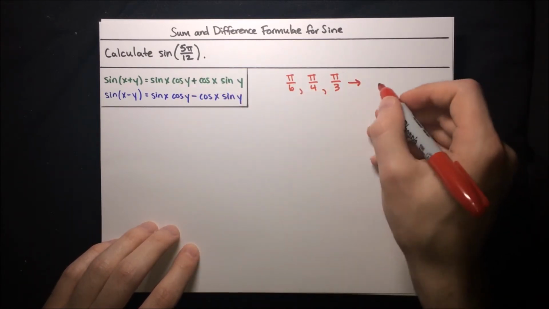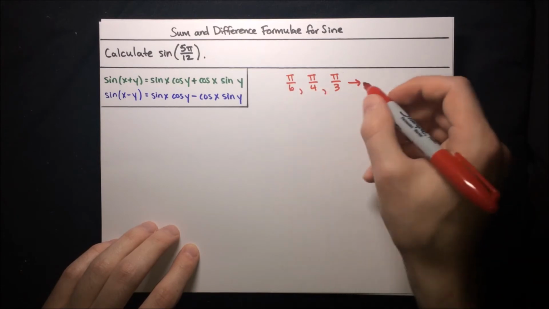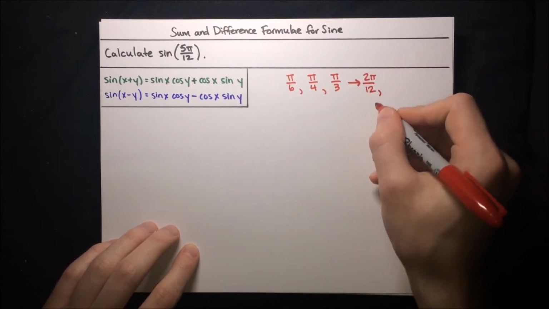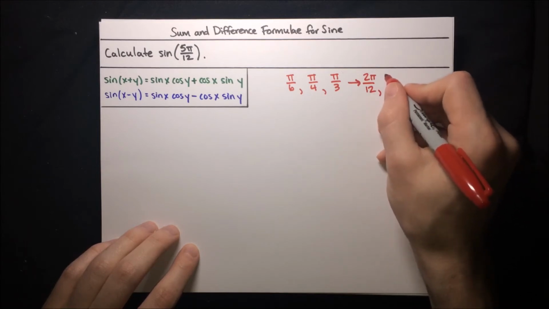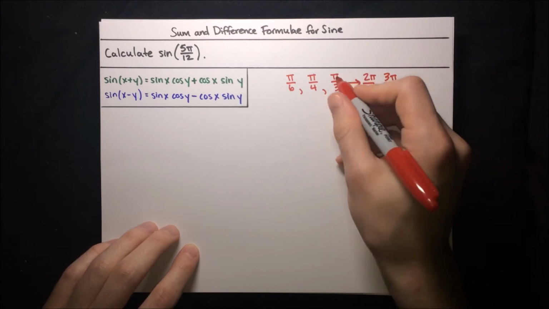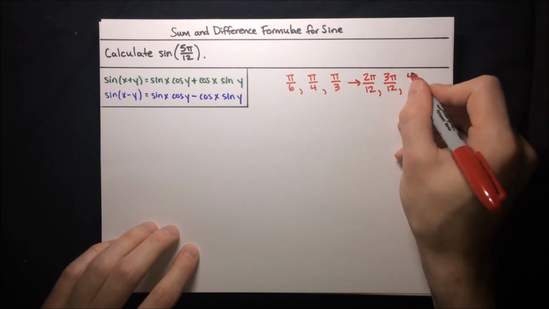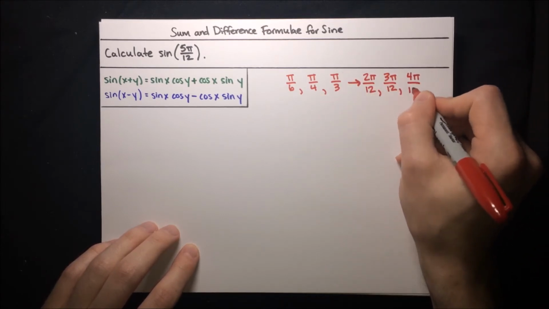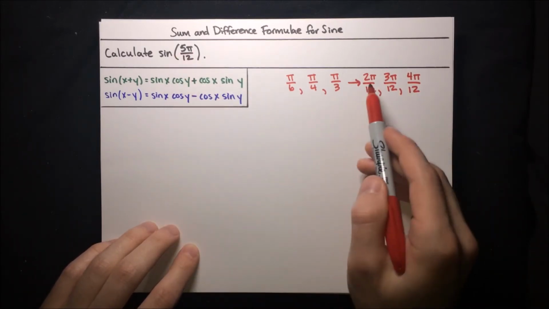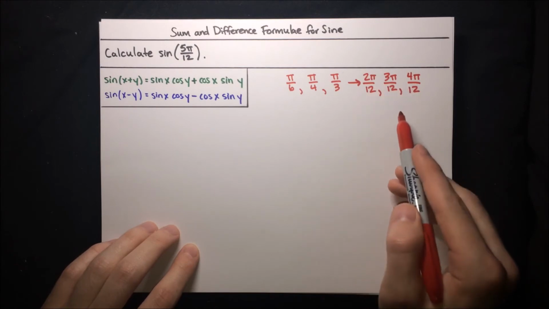So pi over 6, just multiply by 2 on top and bottom, that's 2 pi over 12. Pi over 4, equivalent fraction, multiply by 3, so 3 pi over 12. And then pi over 3, multiply top and bottom by 4 to get 4 pi over 12.